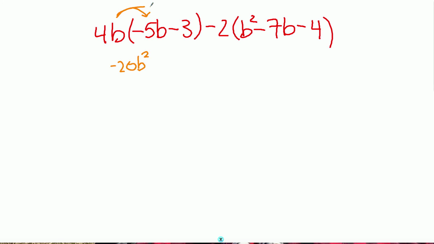And then I have 4b times negative 3, which would be negative 12b. I'll stop distributing because the parentheses stopped, and then I'll continue the problem here. Here I have negative 2 that needs to be distributed to these three terms. So negative 2 times b squared would be negative 2b squared.